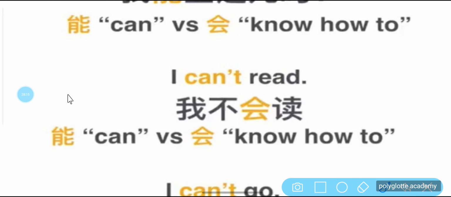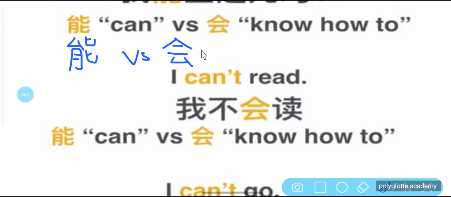So let's see how we can write that. 能 versus 会. 会, in other words, means can, but in the form of to know how to do something.